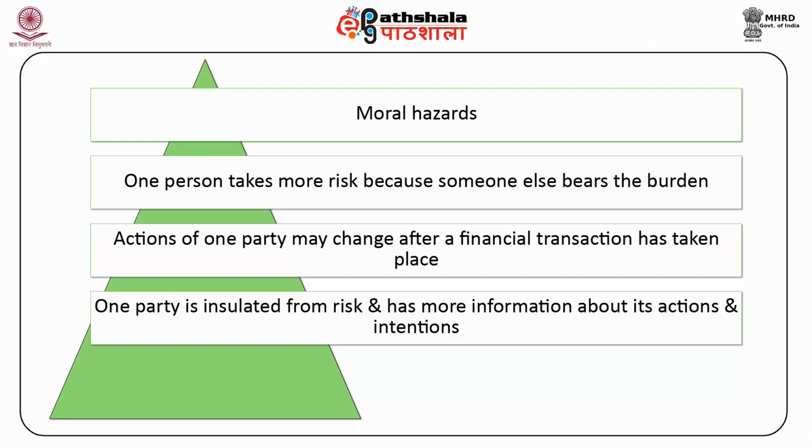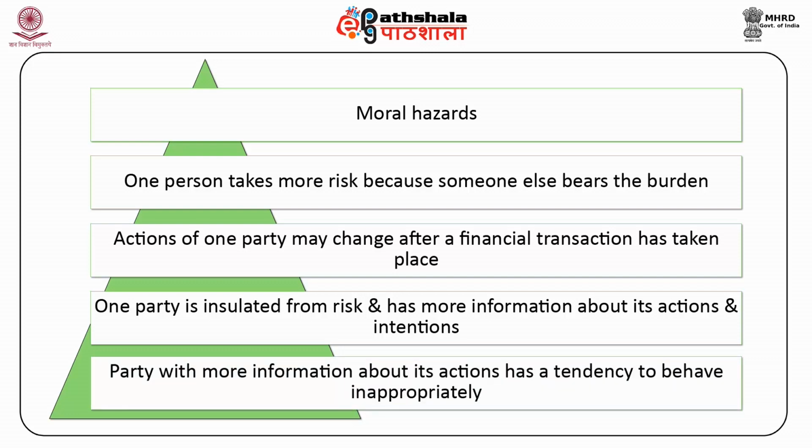More broadly, moral hazard occurs when the party with more information about its actions or intentions has a tendency or incentive to behave inappropriately from the perspective of the party with less information. For example, moral hazards occur in employment relationships involving employees and management.